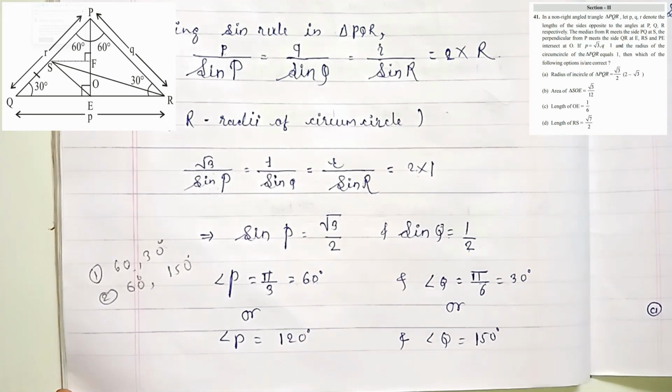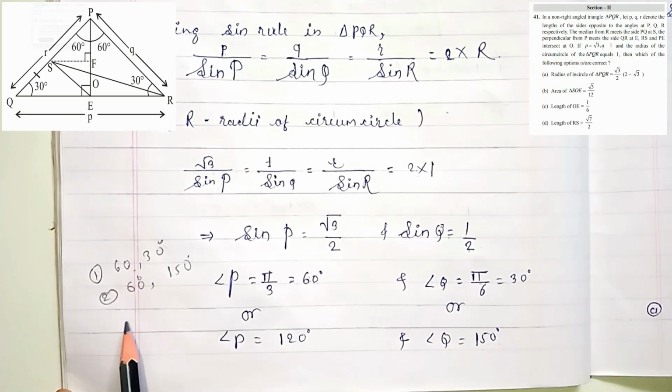In a single triangle, the value for P is single and Q is also single. We cannot take P double, because in our triangle every angle gives a separate and unique value. Always remember that. So it is 60 here, 30 here; 60 here, 150 here.